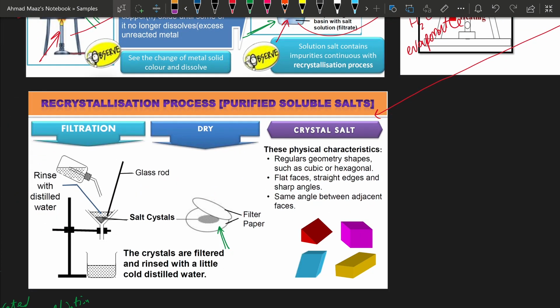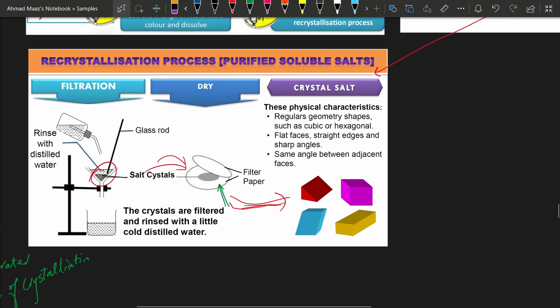These crystals will be filtered out and dried, and we'll have pure crystals of copper sulfate, hydrated copper sulfate. Hydrated means it has water content in it, which is necessary for crystallization, and we call this water the water of crystallization.